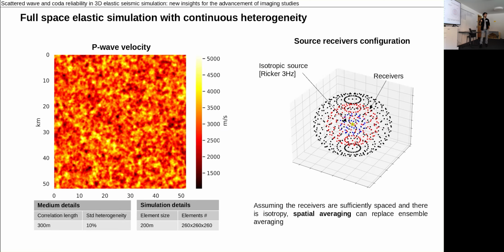A source which is isotropic exactly in the center of the medium, and then we deployed receivers on spherical shells at increasing distance from the center. We then were able to rotate the components of the receivers to retrieve the radial and transverse components, and then we were able to make averages and compare them with the theoretical expectation.